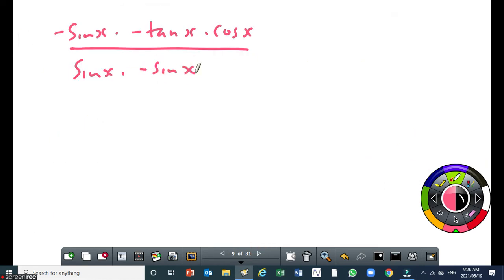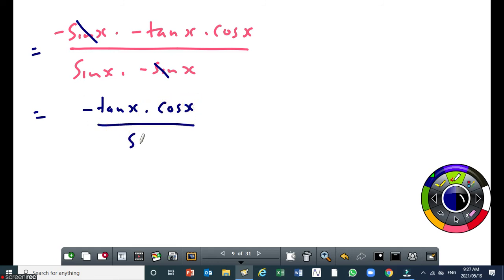Let's say you don't want to convert the tan x to sine over cos. You could have a scenario whereby these two cancel out. Then you end up having minus tan x times cos x all over sine x.